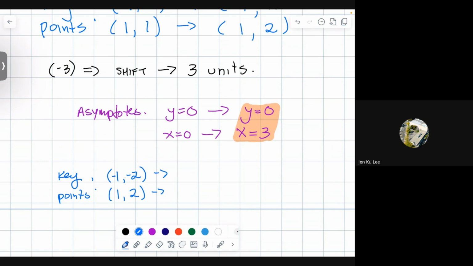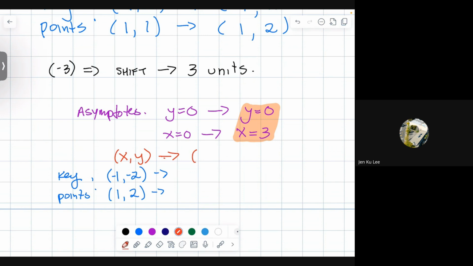So what's the change in my key points? What's the rule here? (x, y) would turn into, with a shift to the right 3 units, what would it be?